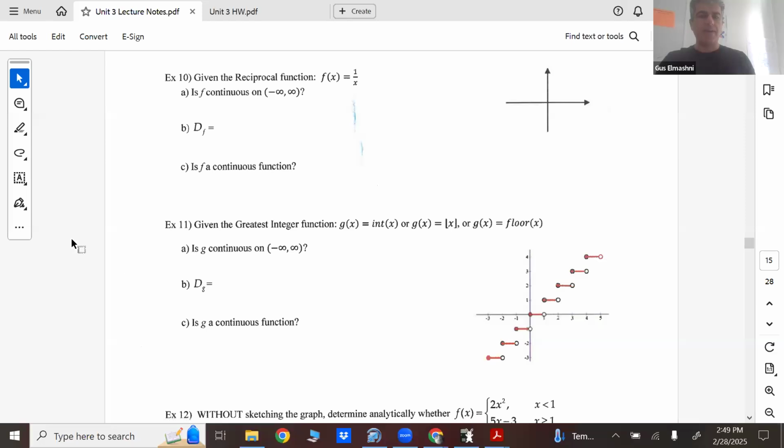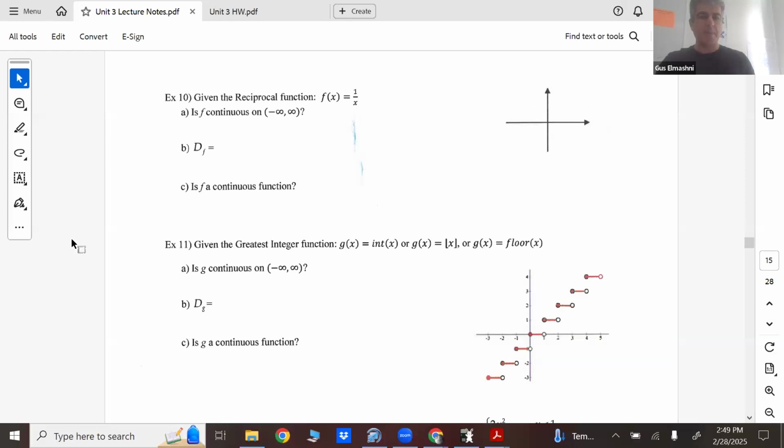All right, so 1 over x. What's happening on this one? First of all, is it continuous on this interval? Right, because you have an infinite discontinuity at x equals 0.